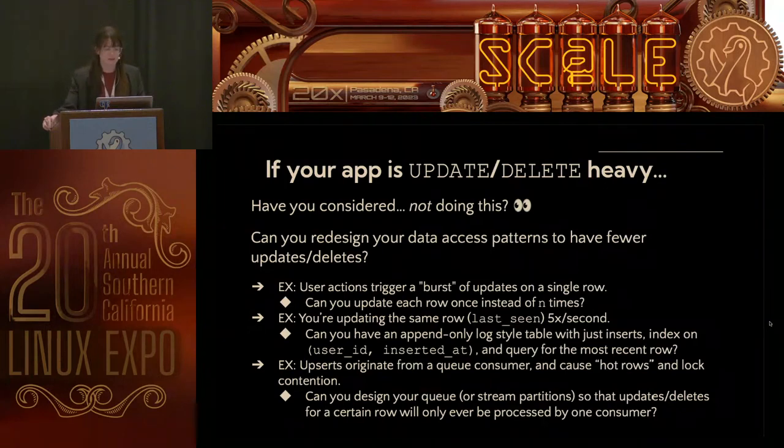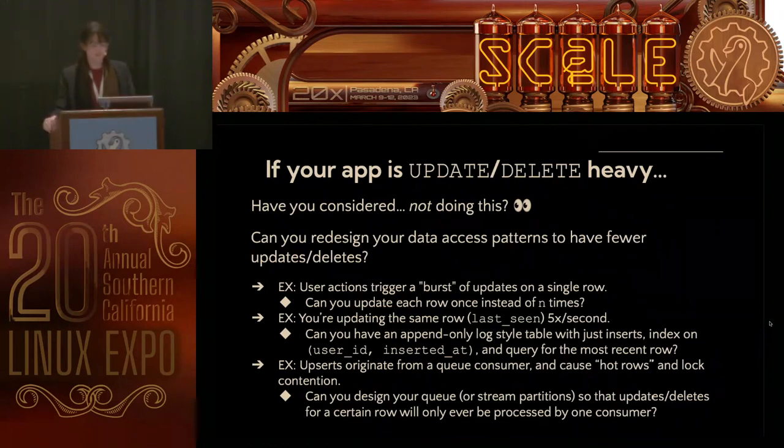Index on the user ID and when it was inserted at, and so instead of selecting distinct on, for example, your machine learning feature name and your user ID, you get the most recent of probably several rows. This, I will point out, does introduce new problems. Now you have a potentially unbounded size table, which we'll discuss in a future slide. But this is something that I have seen be very effective for avoiding this particular problem.